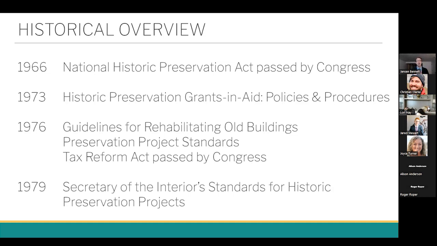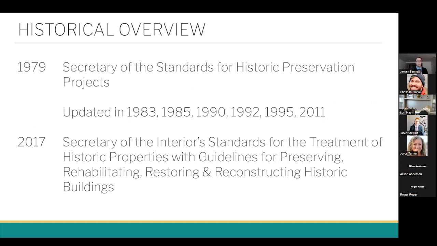That comes out in 1979 with the Secretary of the Interior Standards for Historic Preservation Projects. Since 1979, these standards have been revised and updated multiple times, with the most recent being in 2017 with the Secretary of the Interior standards for the treatment of historic properties, with guidelines for preserving, rehabilitating, restoring, and reconstructing historic buildings.